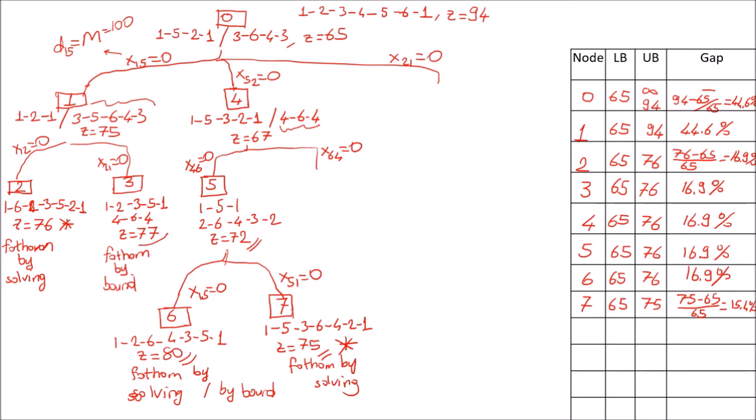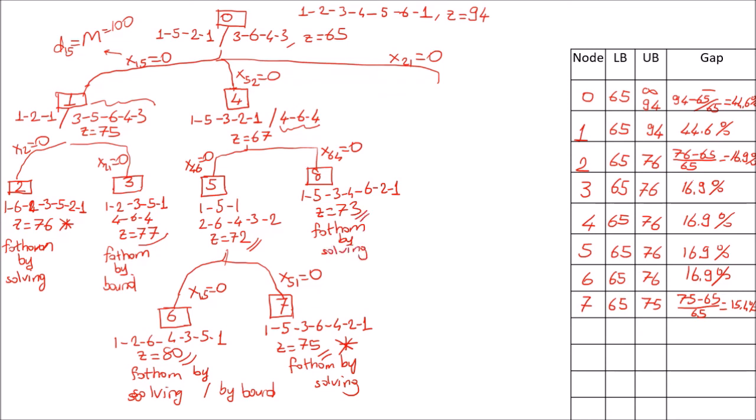Now, according to depth first search, the next one we should select is this node over here. And when we solve it using the Hungarian algorithm, we obtain 1, 5, 3, 4, 6, 2, 1. And the Z value appears to be 73. Okay, and since there are no subtours here, we need to fathom by solving.